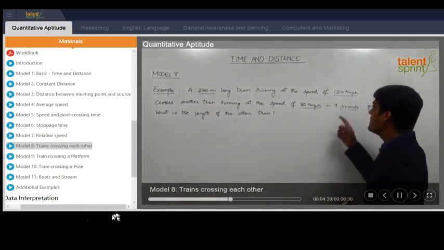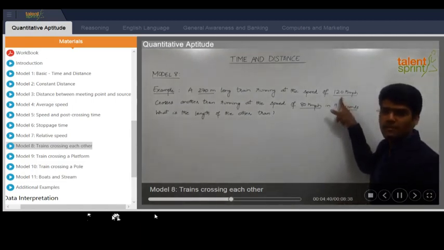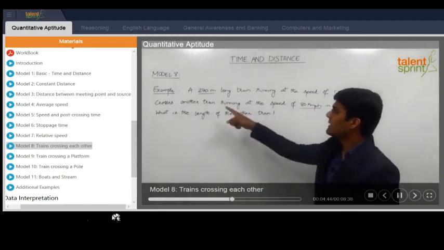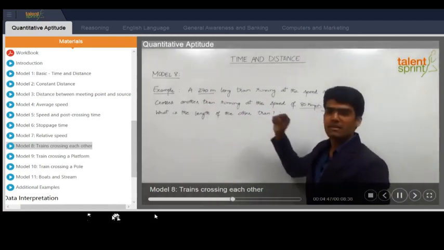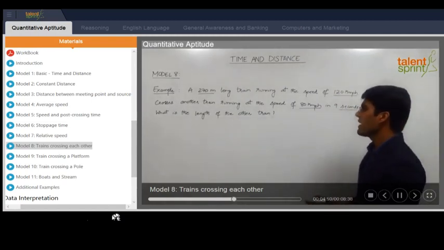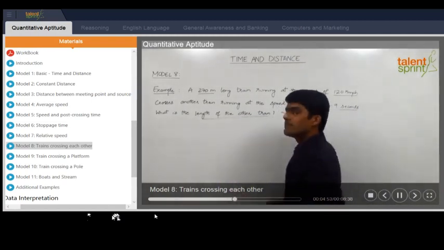So very clearly we know the speed of the first train, that is 120 kmph, speed of second train 80 kmph. The length of the first train is 270 meters and the time taken to cross is 9 seconds. We are supposed to find out the length of the other train.